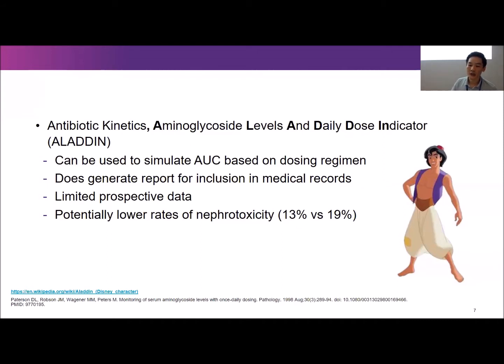Unfortunately, they didn't have any clinical outcomes in this study, but there was a comment that in the patients who received Aladdin-dosed aminoglycosides, there was an 85% clinical cure rate. But we don't really know how the clinical cure rate compares between the two groups.